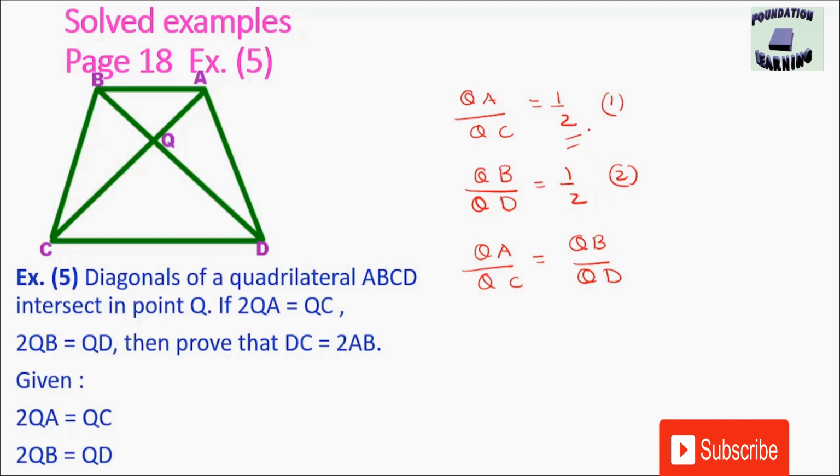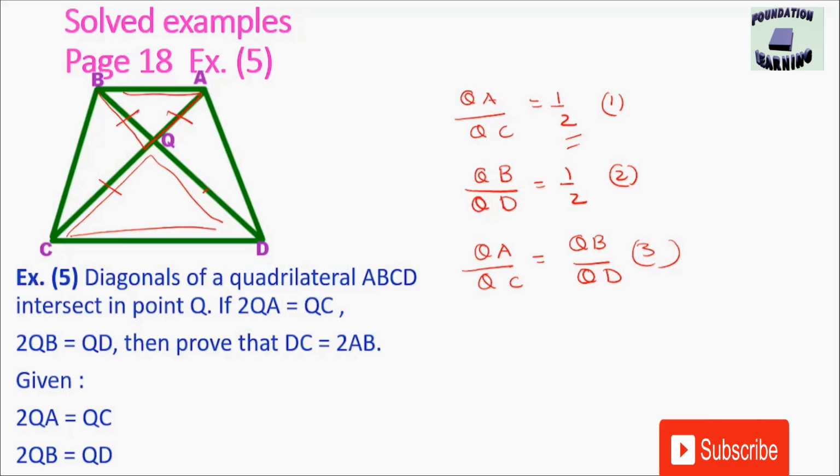Now we will take triangle BQA and triangle CQD. Which sides have we found in proportion? QA is to QC is equal to QB is to QD.